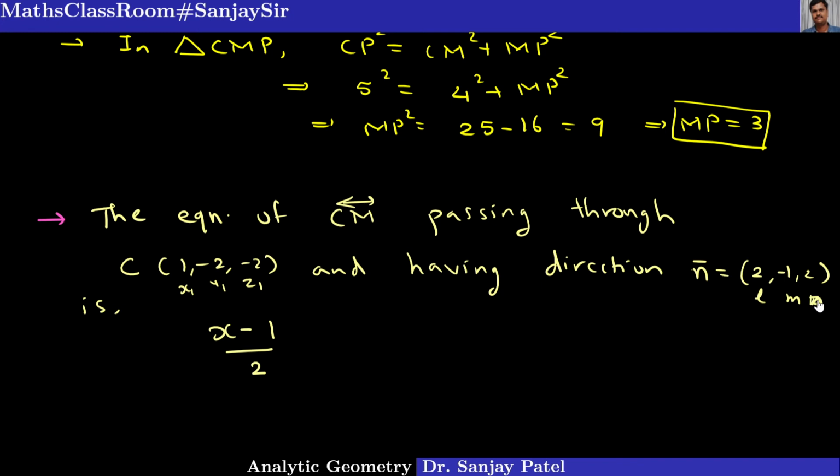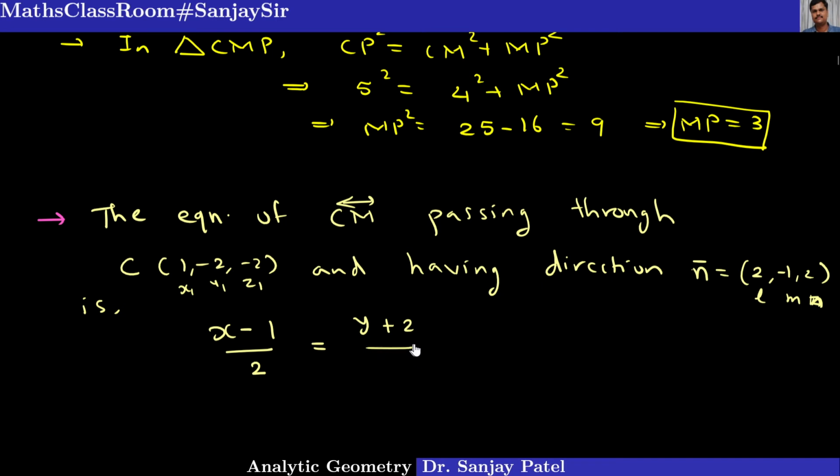So we'll get (x minus x1) upon L is equal to (y minus y1) upon M is equal to (z minus z1) upon N, the equation of a line in R3.